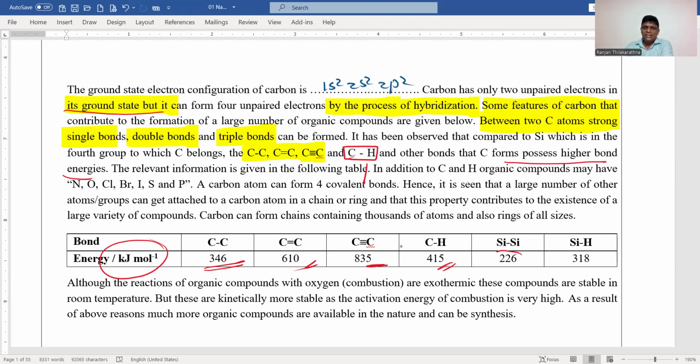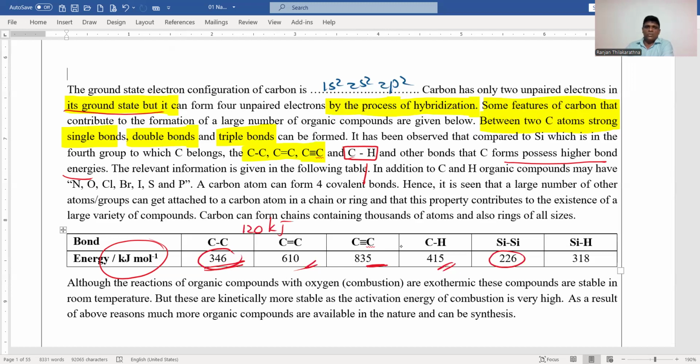But the silicon-silicon bond, you can see, is 226 compared to 346. The difference between the carbon-carbon single bond and the silicon single bond is nearly 120 kilojoules. That's a very big amount. So the carbon-carbon single bond is much more stable than the silicon single bond.